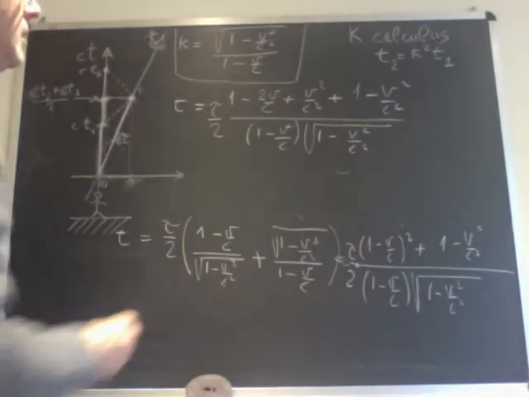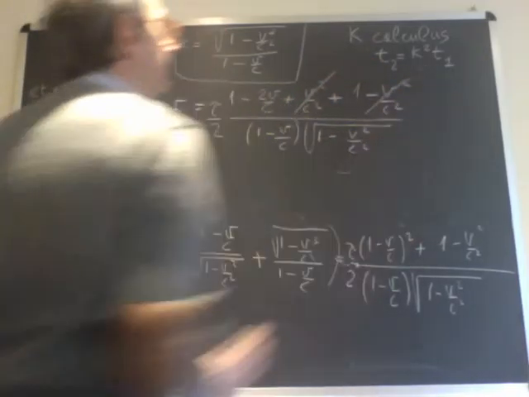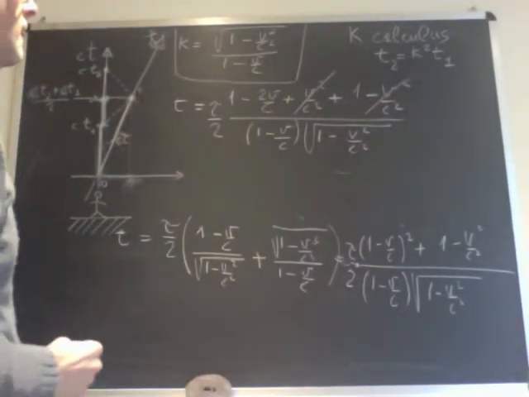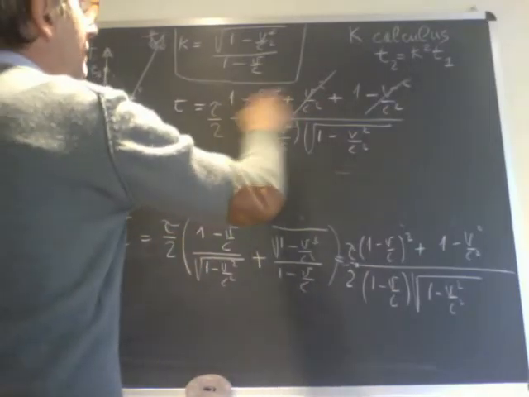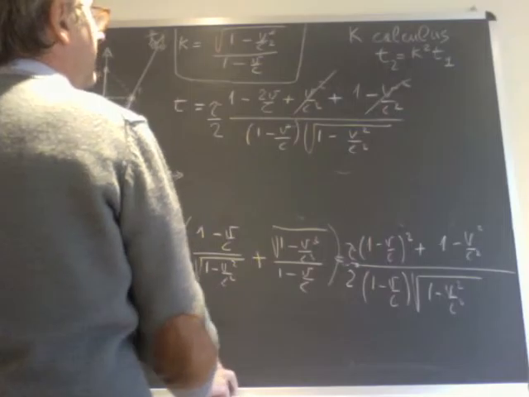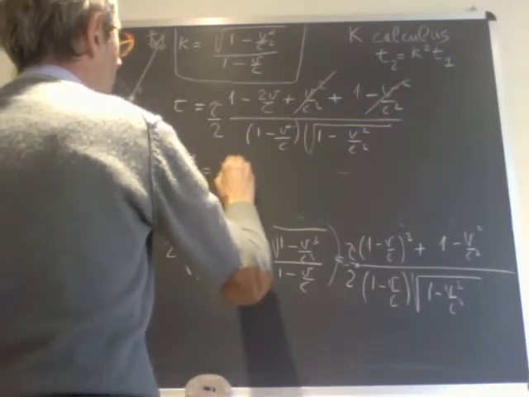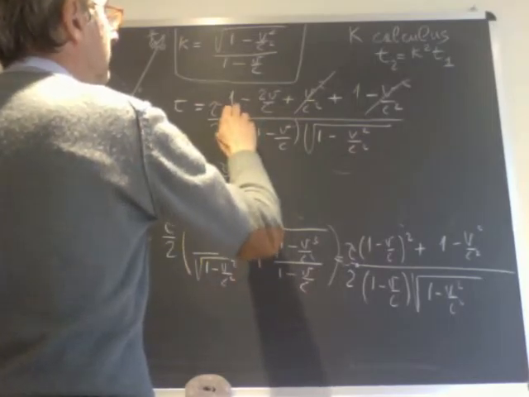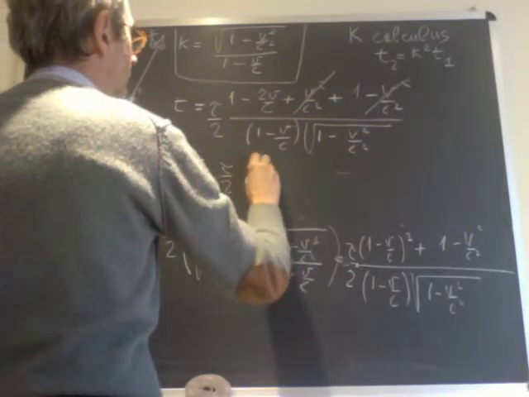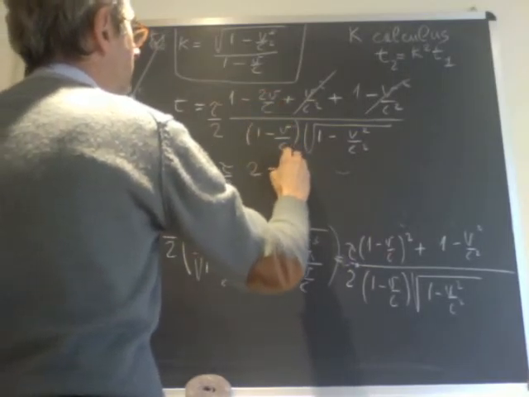Now these two terms cancel, and I have 1 plus 1 equal to 2, so t equals tau over 2 times 2 minus 2v over c.